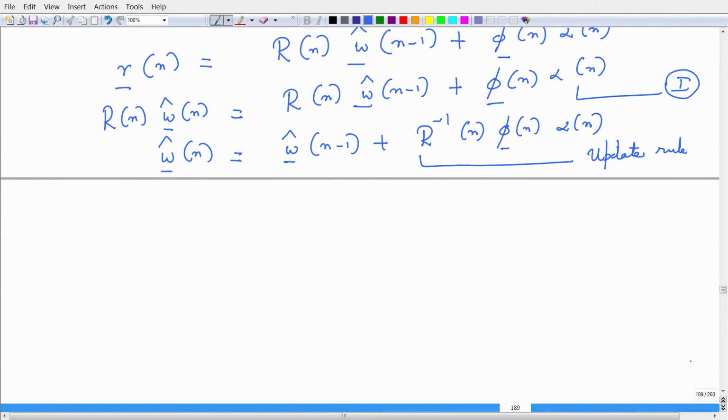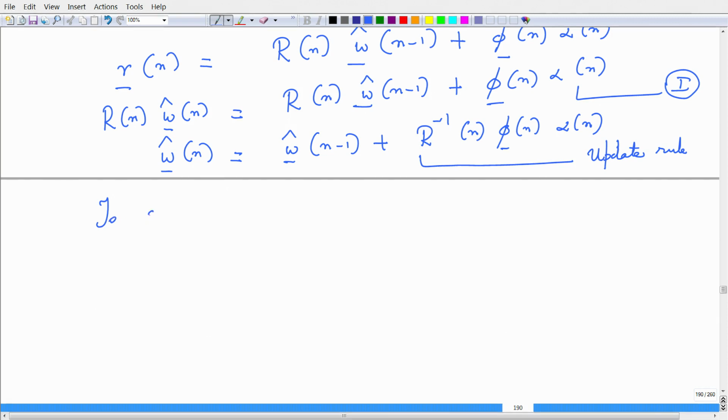Fortunately, we can invoke the matrix inversion lemma that comes to our rescue to compute the inverse given certain parameters, and we will set this up.